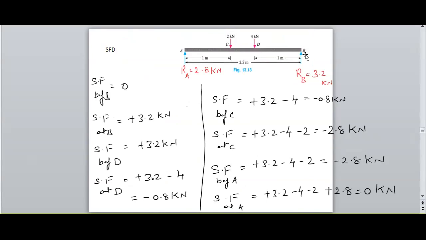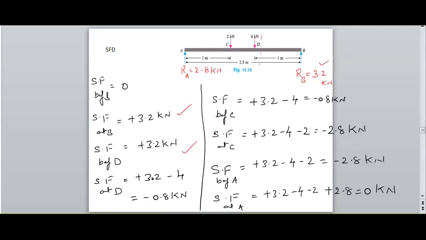The first point is B. Before B, it is 0. At B, a point load of 3.2 kilonewton exists, which is moving in the upward direction, so it is positive. Next, before D, the same point load exists on the right hand side of my section.